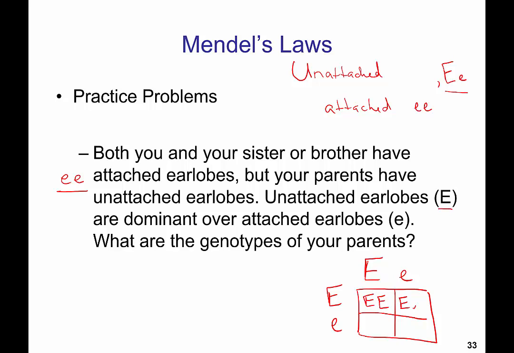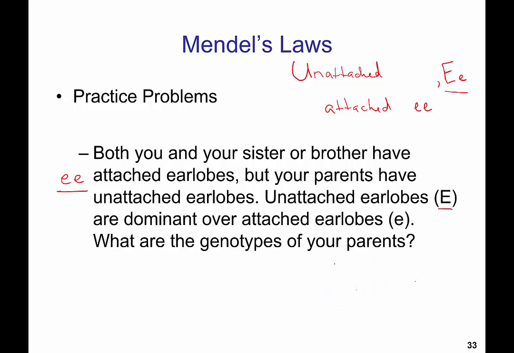Okay, we're looking for the chance they're going to have any offspring with unattached earlobes. And it's possible, right? There's only a 25% chance of it happening, but that's possible.